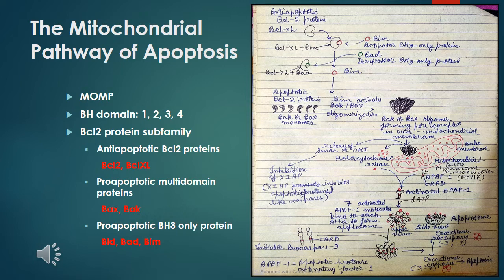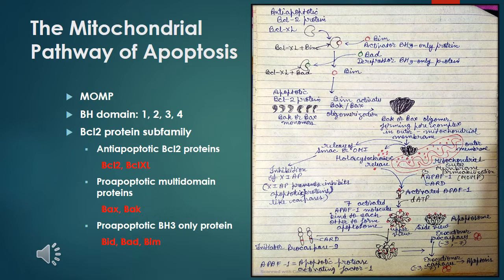The BH3-only proteins, mainly BID and BIM, activate BAX and BAK oligomerization. The anti-apoptotic BCL2 proteins, including BCL2 and BCLXL, bind to the activator proteins, for example BIM, and prevent their function, and also bind to active forms of BAX and BAK. In this way, the anti-apoptotic BCL2 family members prevent MOMP and prevent apoptosis.